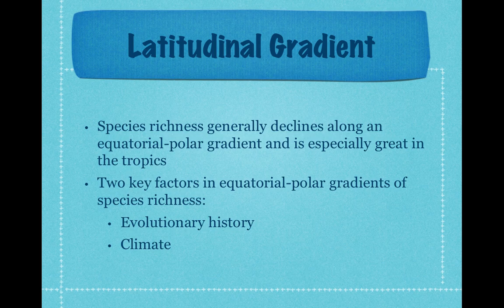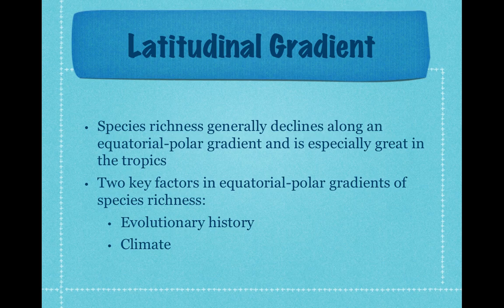So let's talk a little bit about latitudinal gradients. Remember, latitude goes from the equator to the North Pole and then down. So we're talking about equatorial to pole gradients here. And what we find is that your species richness, the number of different species you see, biodiversity if you will, is highly concentrated at the tropics, so around the equator.